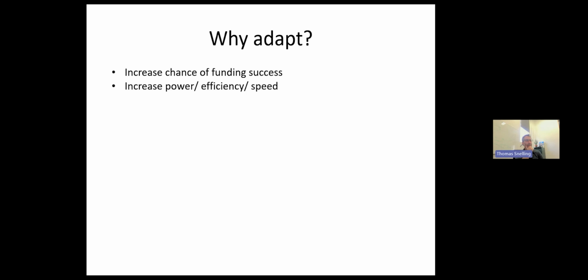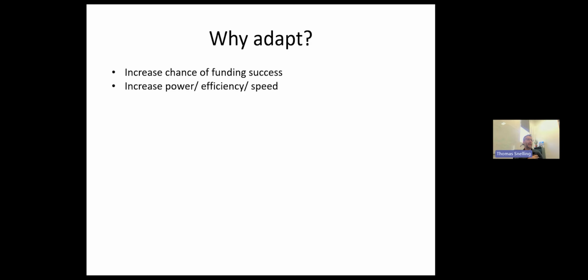Other reasons, people believe that an adaptive trial will improve their power or the efficiency or the speed of their trial, or the speed of progression through phases of trials. And certainly in some circumstances, this can be important.